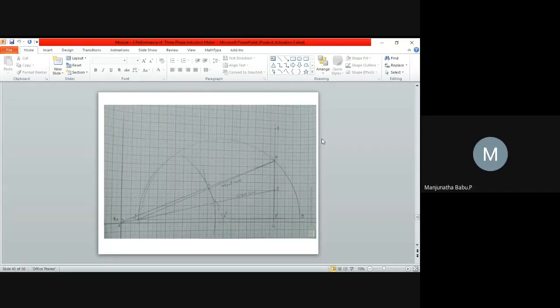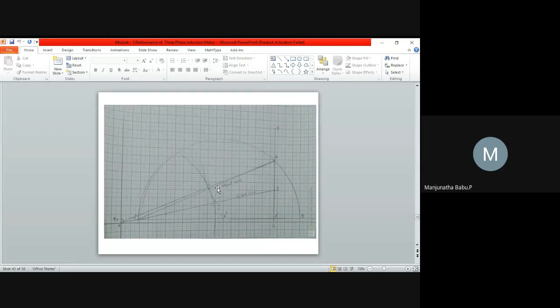Done, sir. Okay. Now we have to draw a line parallel to the output line. Here is the output line. Keep the scale exactly on the output line and move it above so that it touches B and also touches the circle on the left side of the circle.